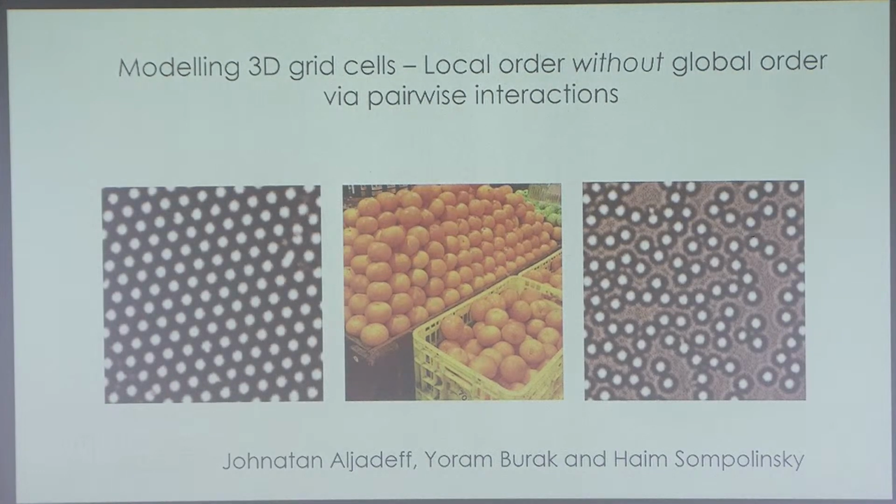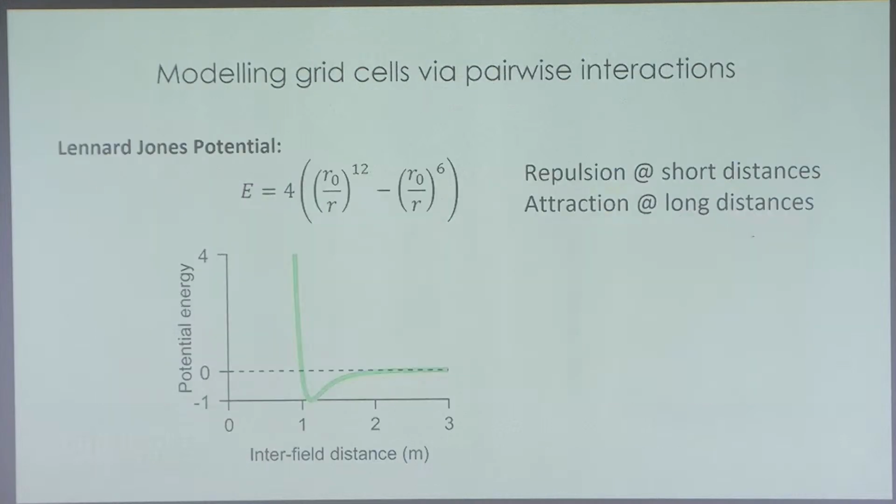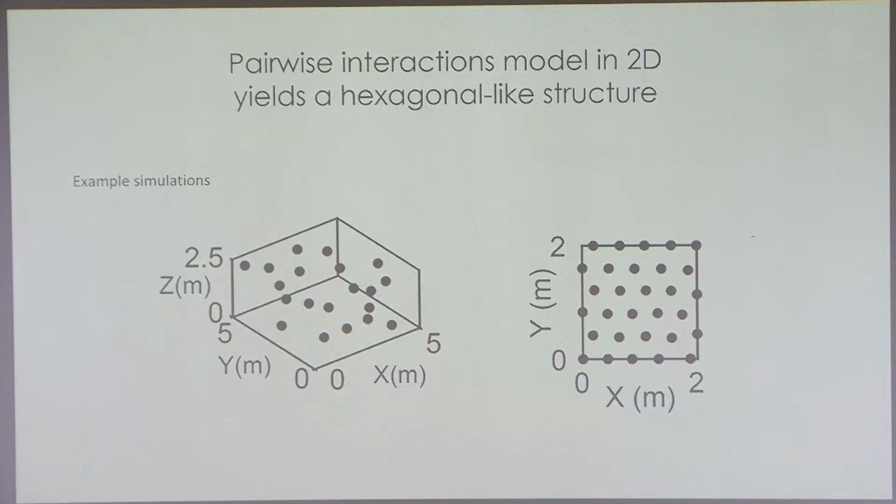So we chose to model it using pairwise interactions, treating the fields as though they were particles. So this means close by fields would repel each other, far away fields would attract each other, and this is simulations. Using one model, we were able to capture both the hexagonal grid in 2D and this local non-global order in 3D.